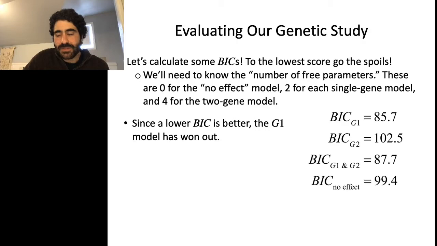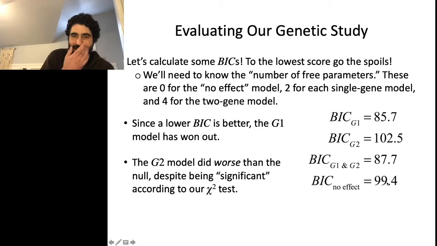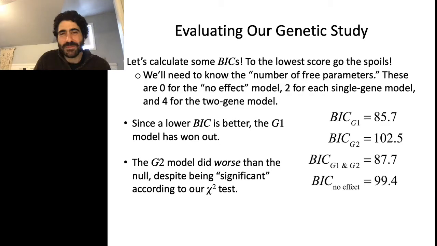And so we can basically look at between these things, right, and see, for example, this G2, the model here that only uses G2, is actually worse than the null model by a little bit, right? Even though we got a significant result, meaning that under a normal null hypothesis test, we would have rejected the null here by a hair, right?